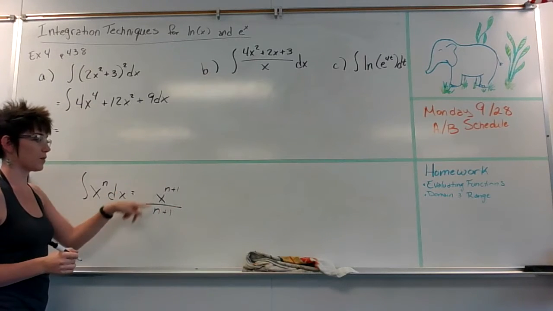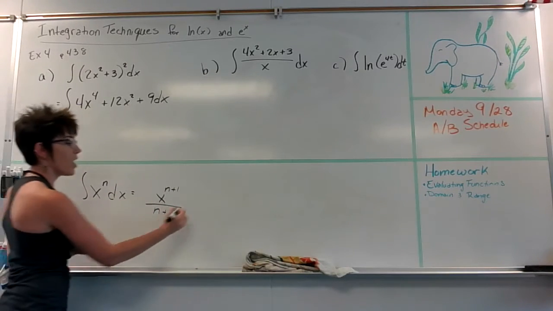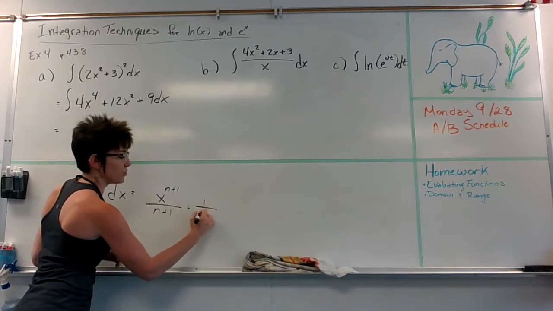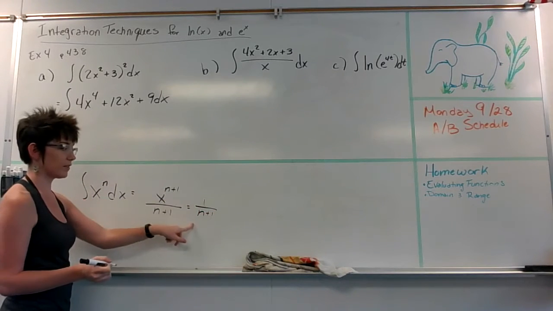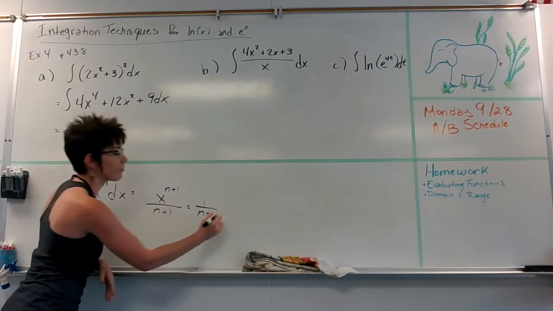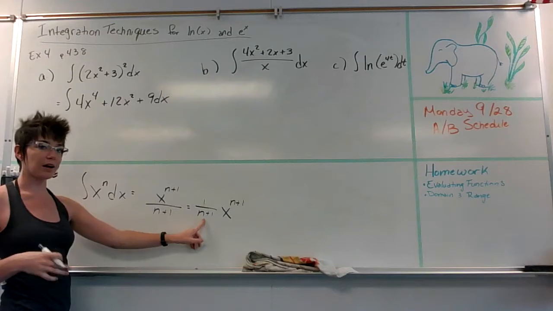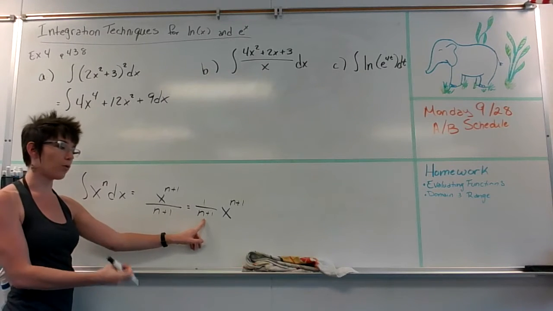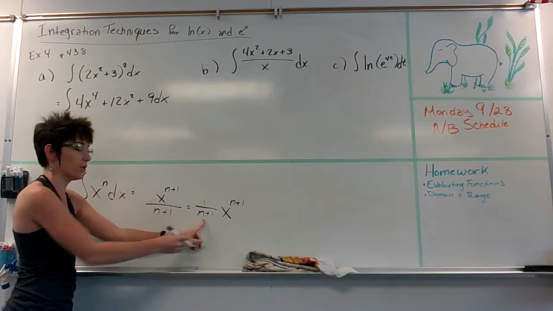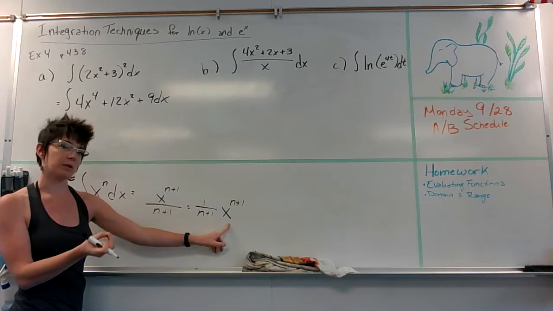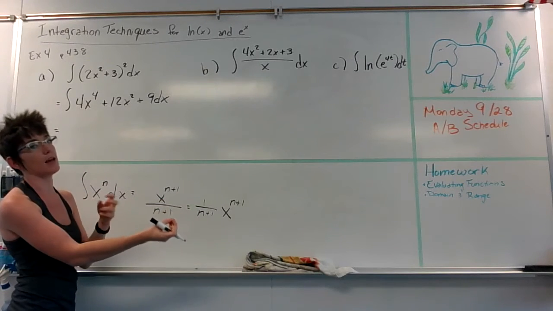So increase by 1, divide by the new. And I personally prefer to keep that new that I've divided by as a fraction out in front, because again, I'm paying a lot of attention to what is the constant number portion of the term, and then what's that function piece there. So I like to delineate between the two.